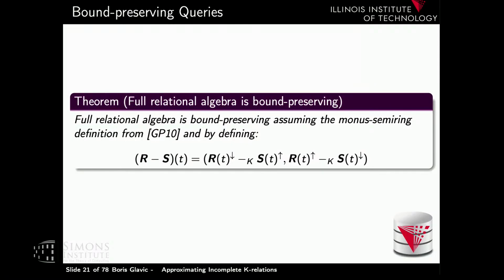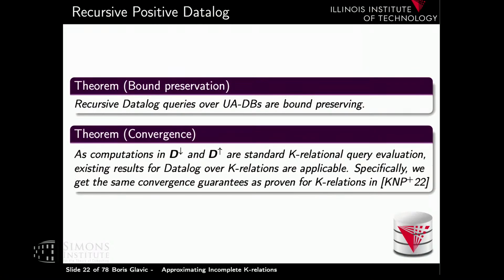And how this works is basically the lower bound of a tuple's annotation in R minus S is going to be the lower bound of the annotation in R minus, applying the monus, the upper bound on the annotation in S. And for the upper bound, it's opposite. Basically, we make the worst case assumption for R and the best case assumption for S. So we subtract the largest possible element in S from the smallest possible element in R, and this gives you then again bounds. Okay, good.